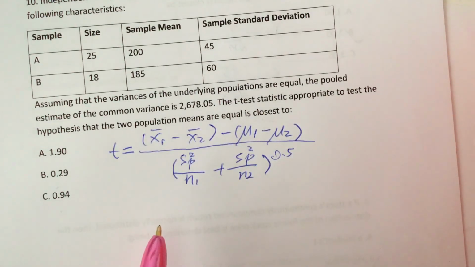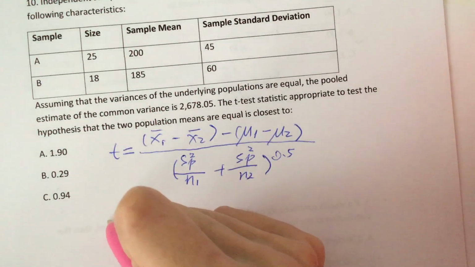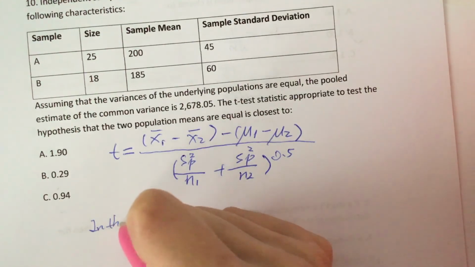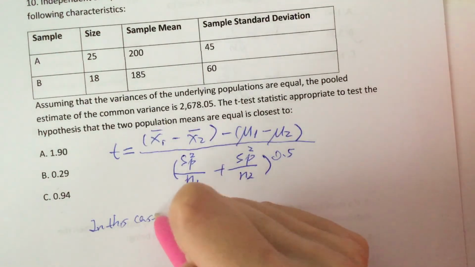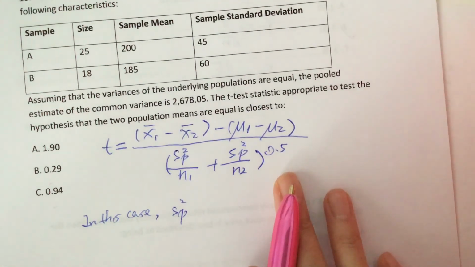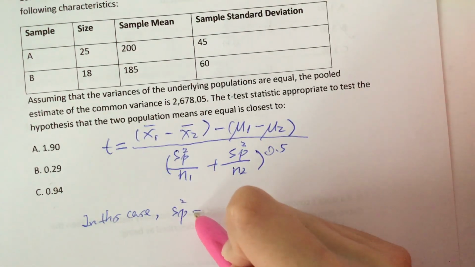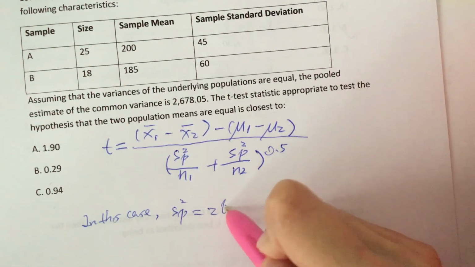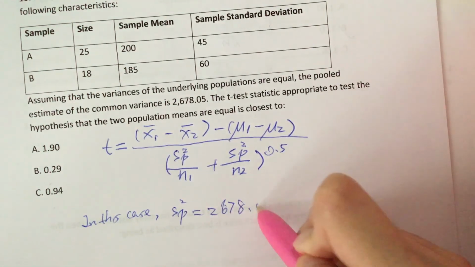In this case, we have Sp squared equals 2678.05.